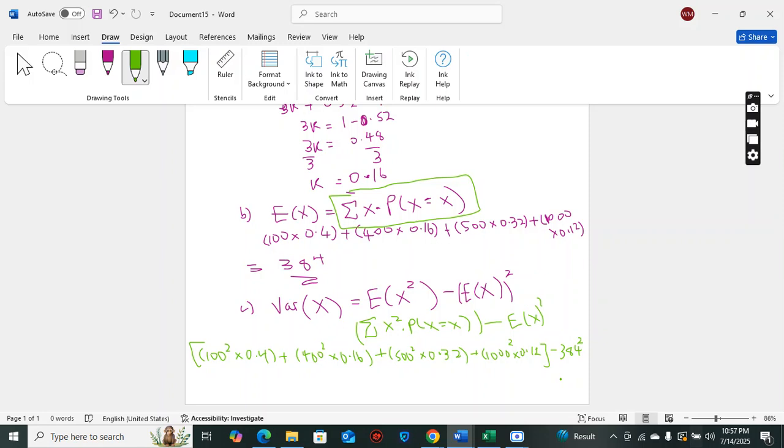How far the sample mean is from the population mean. That is standard error.